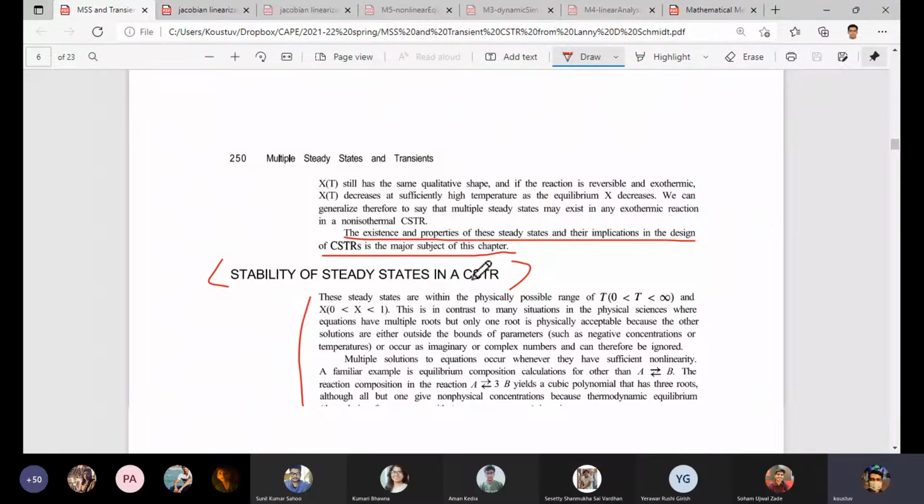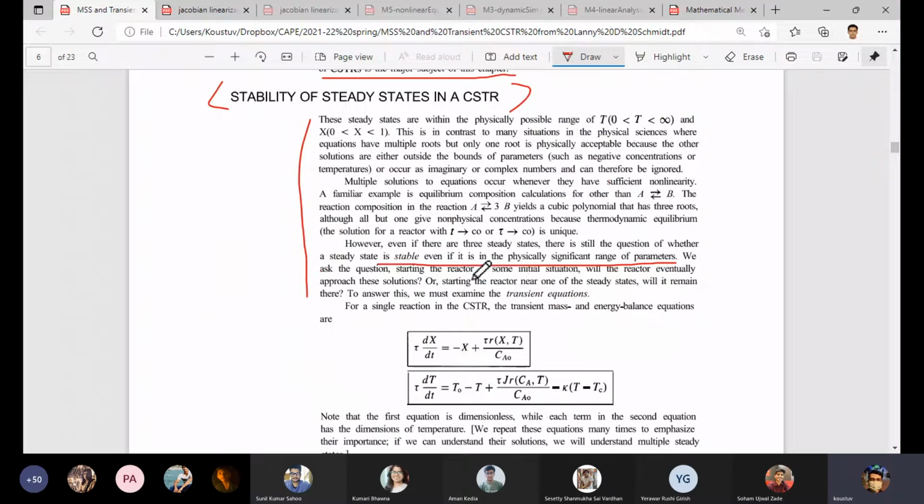Now what more can we extract? Can we get some more insights about the stability of the steady states, and what do we mean by stability of steady states? So a little bit of mathematical analysis is there, and along with that I will also highlight some more examples. So this is basically today's discussion agenda.